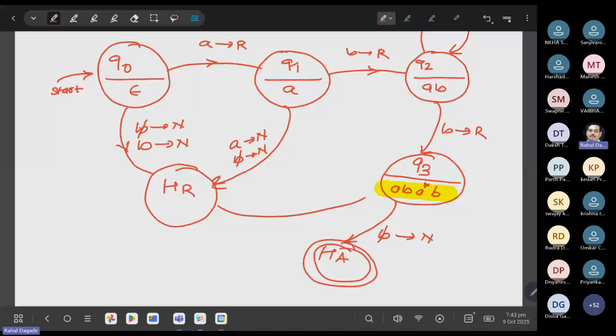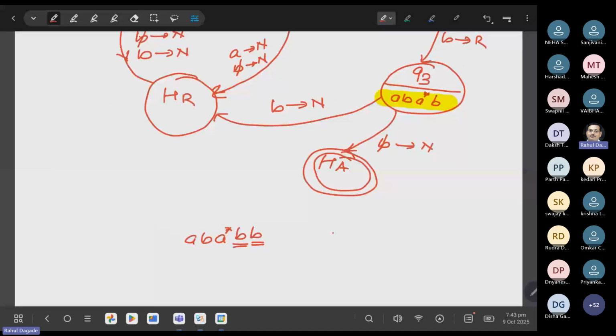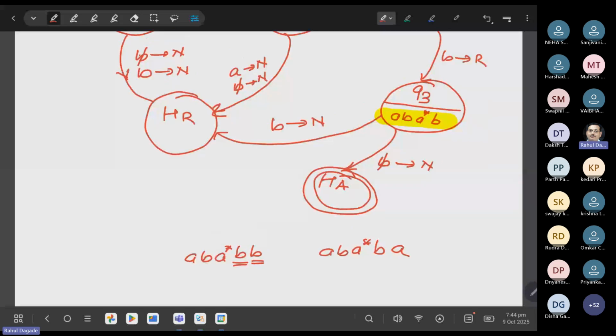अगर मुझे यहाँ पे A आता है, मतलब AB A star B के बाद A आता है, then also it has to be rejected, because it is containing a string of this kind.